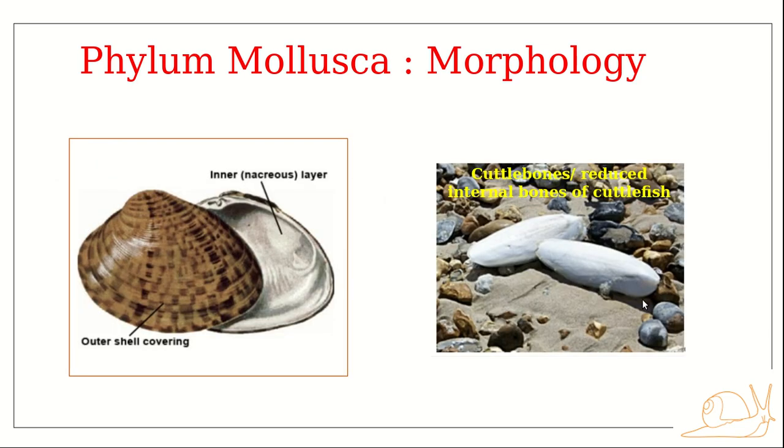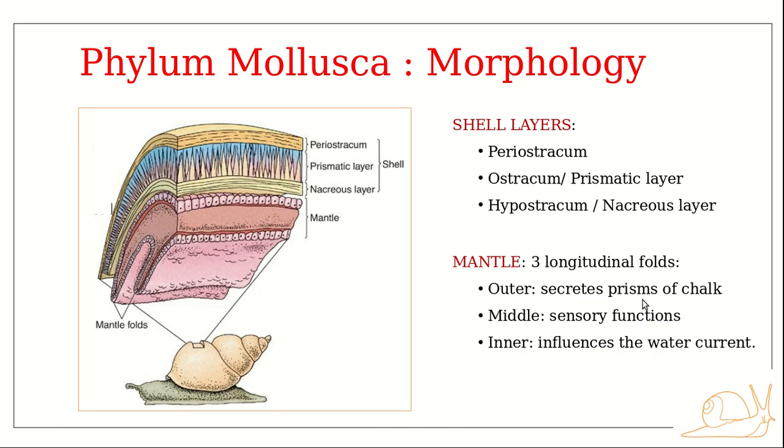So this is about the external and the internal shells. Now when you look into the structure of a shell, you can see here a piece of a shell enlarged to show the various layers that make it up. The shell is composed of two or three layers.